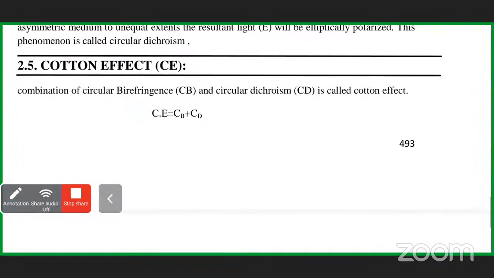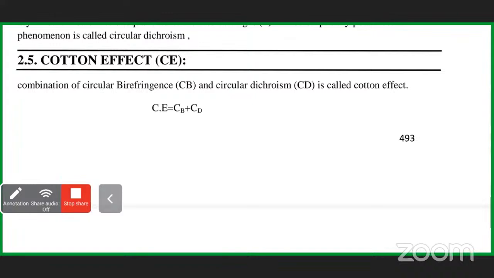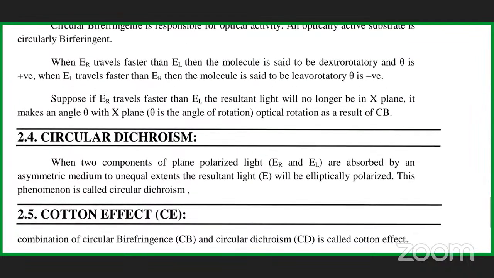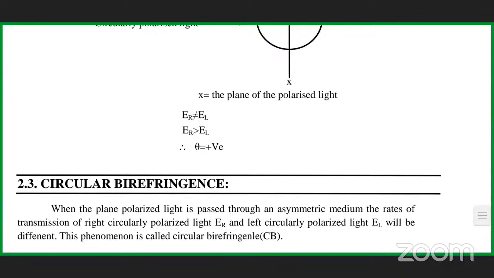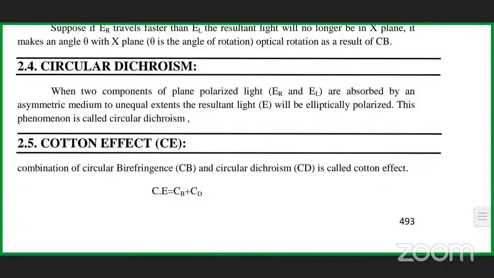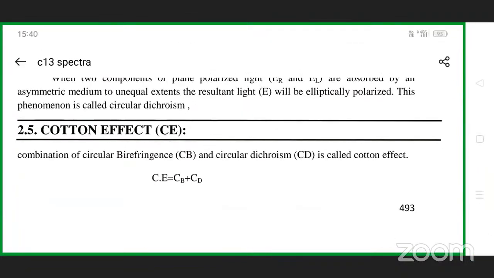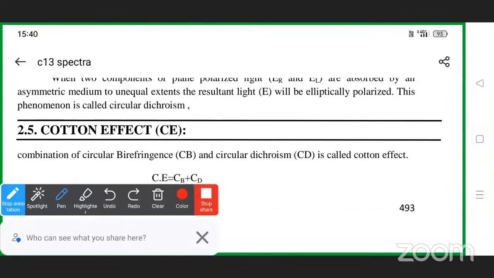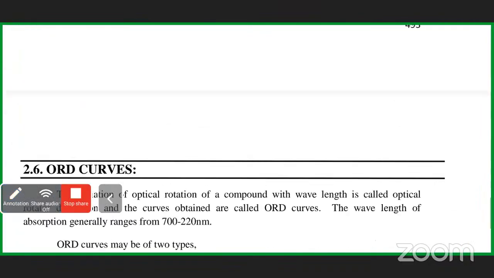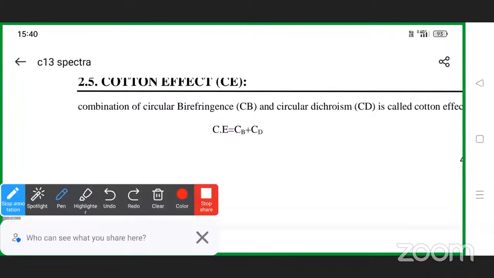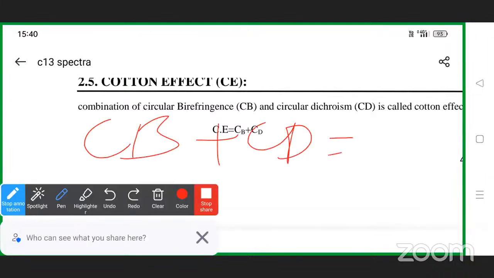And the Cotton effect. It is the combination of circular dichroism and circular birefringence. CB plus CD equals CE.